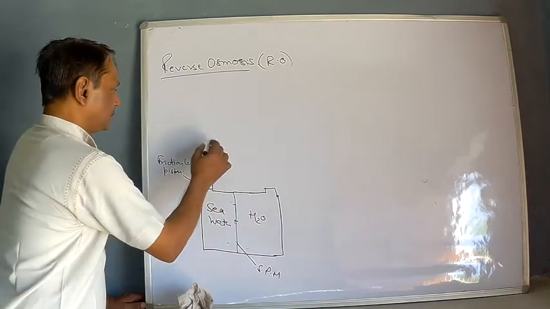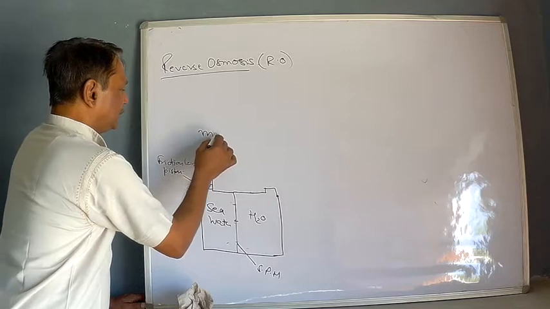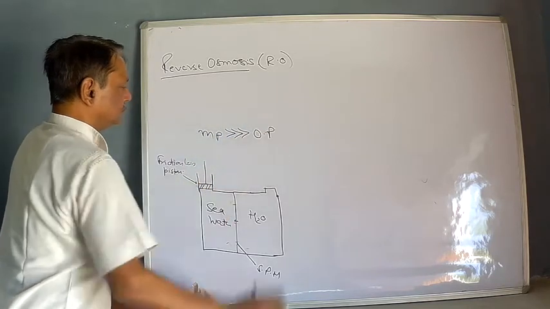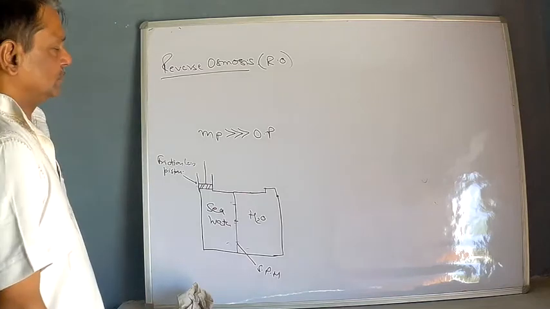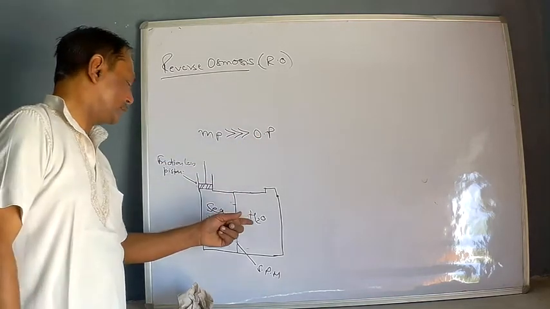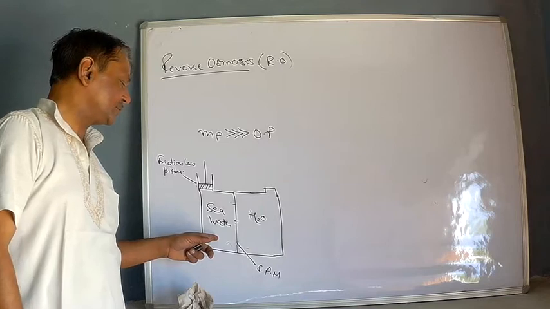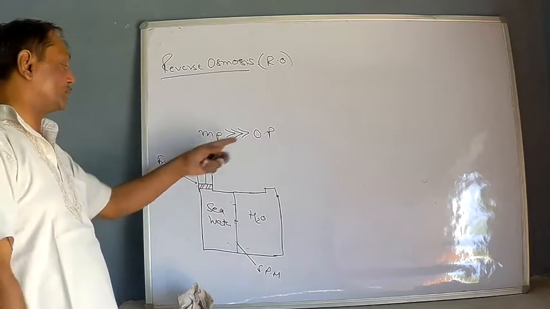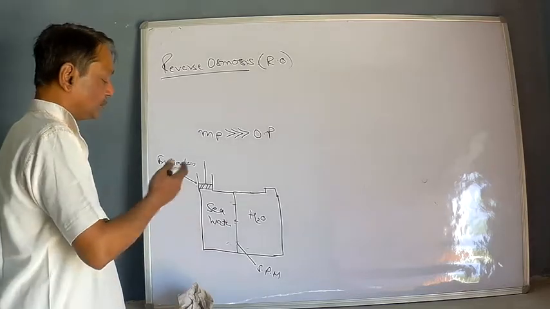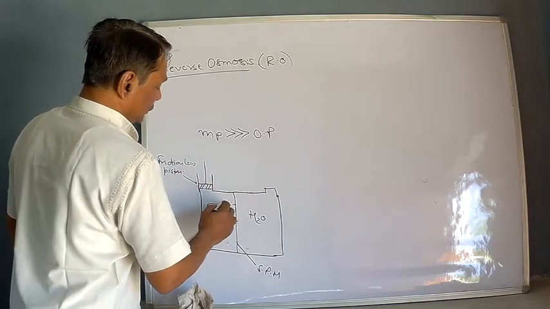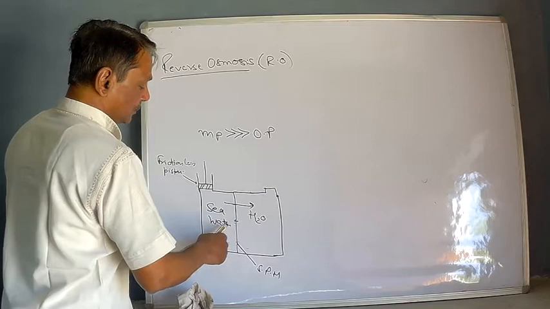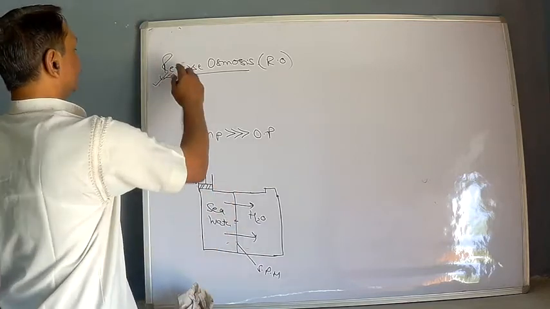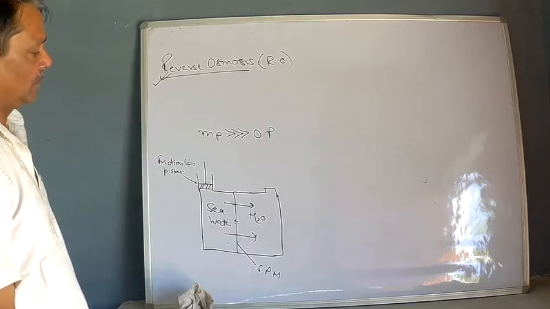Now listen carefully. If mechanical pressure becomes much greater than osmotic pressure. Class, due to osmotic pressure, water was entering from lower concentration to higher concentration. But if mechanical pressure becomes much greater than osmotic pressure, then the process of osmosis is reversed, and now water starts moving from higher concentration to lower concentration, and that is called reverse osmosis.